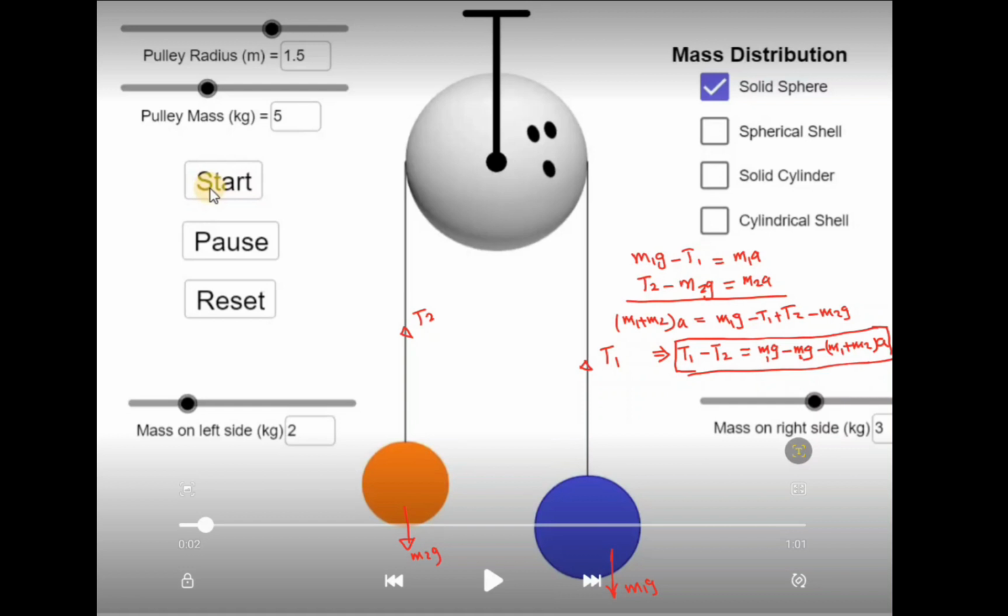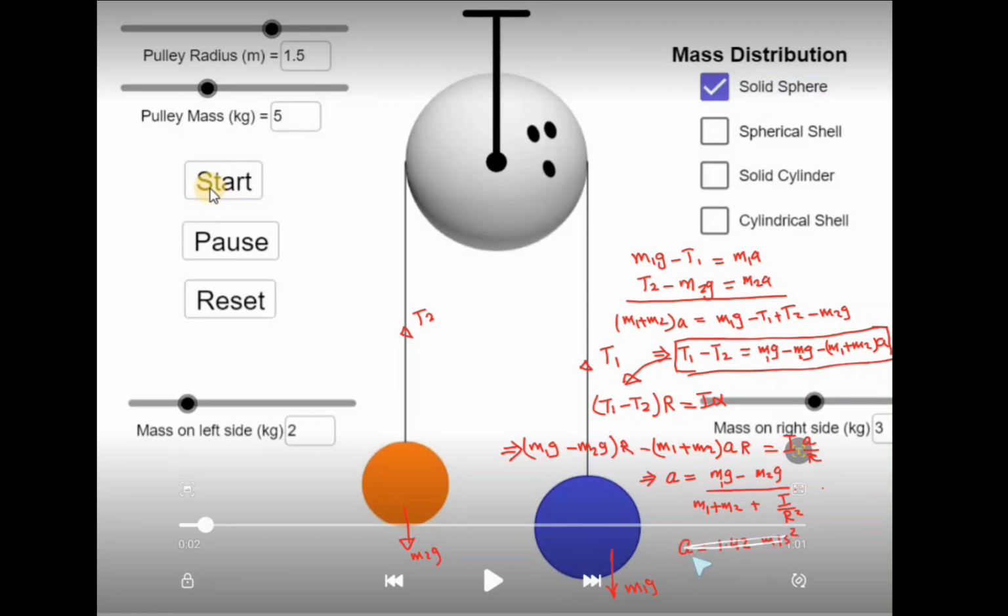Now remember, for this pulley here, we have (T1 minus T2) times the radius r equal to I alpha. You substitute T1 back in this one here, you will find that, now just substitute the numbers, you will get a equal to 1.42 meter per second square.